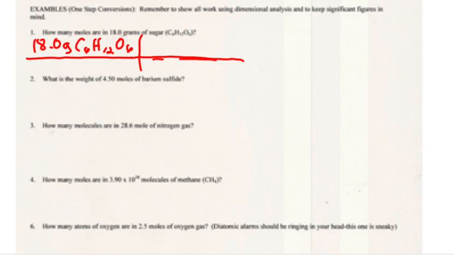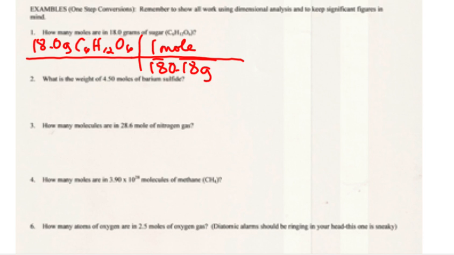How do I do the conversion, though? I'm in Gramland. I got to go to Mole Town, so I do molar mass. Do y'all remember how to find molar mass? Add up all the masses of the individuals. It's about 180. What is it? So for every 1 mole on top, it's 180.18 grams.